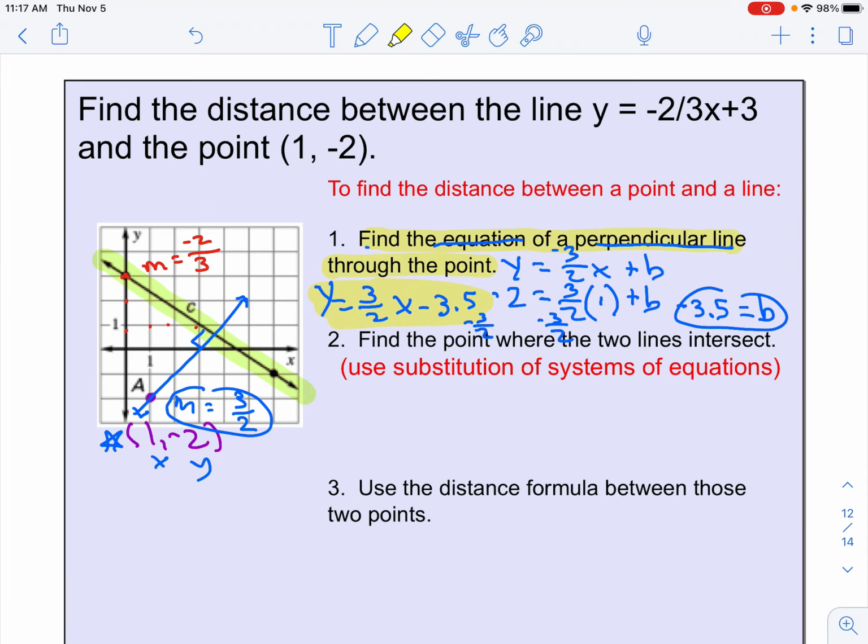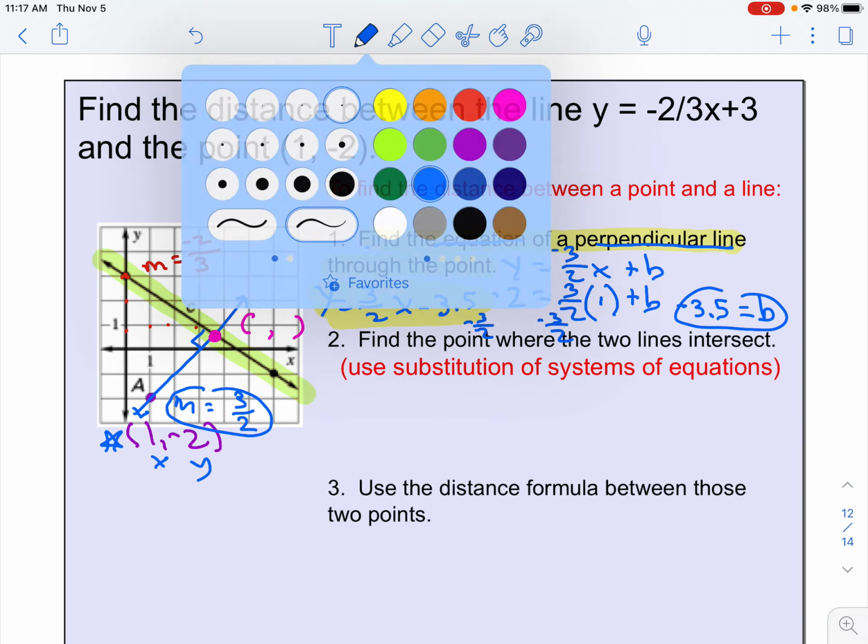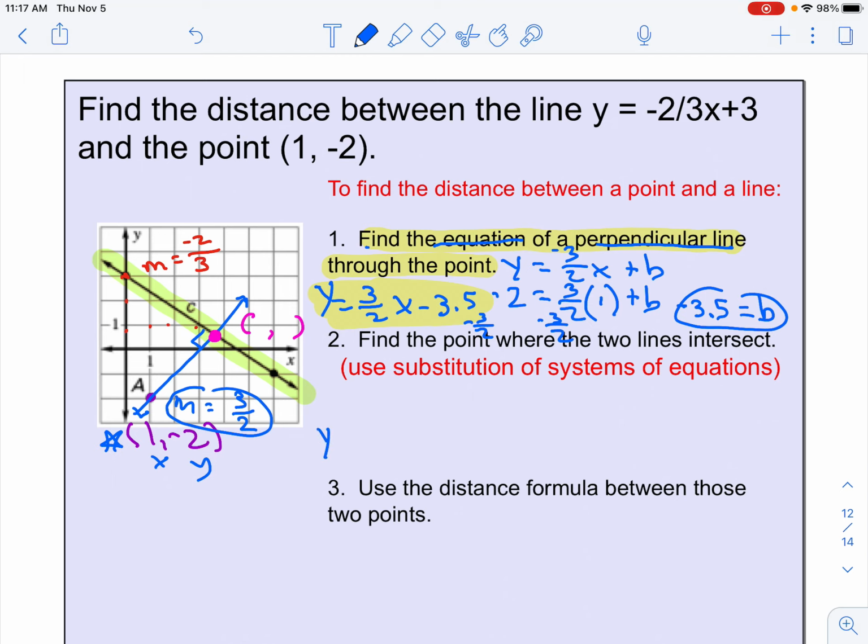All right. So now I need to find this point. The next thing I need to find is this point right here. I need to find the point of intersection. So I'm going to do that by using a system of equations. I'm going to use the equation that I just found. So y equals 3/2 x minus 3.5. And I'm going to use the equation of the given line.